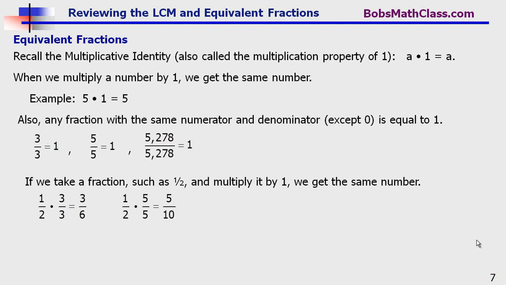So you might remember, if I'm multiplying the bottom number by a number, I have to multiply the top number by the same number. And that's because it's equal to 1. So 1/2 times 5 over 5 is equal to 5/10, which is still the same number, 1/2. They just look different.